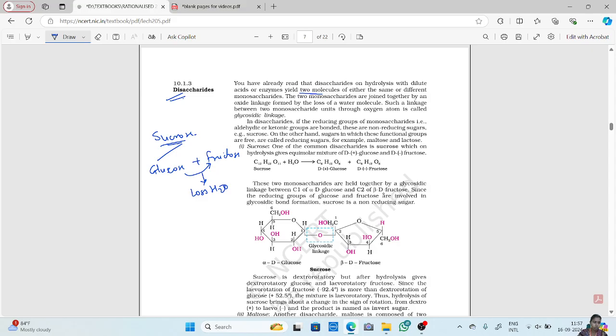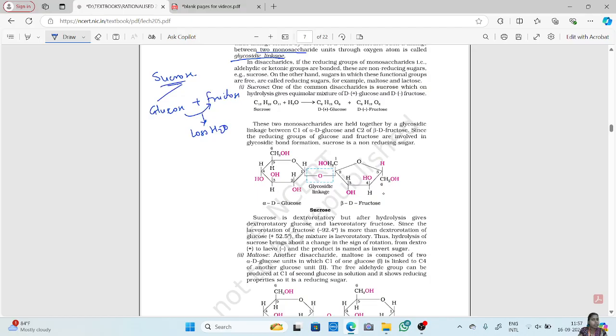So when we lose water molecules, a linkage is formed between glucose and fructose, and that linkage is known as glycosidic linkage. So the linkage or bond between two monosaccharide units through an oxygen atom is called a glycosidic linkage.